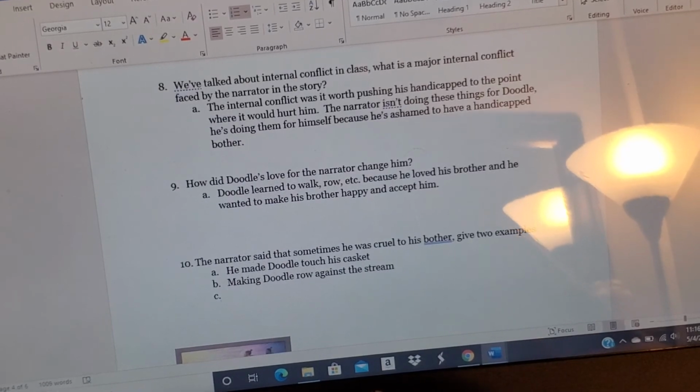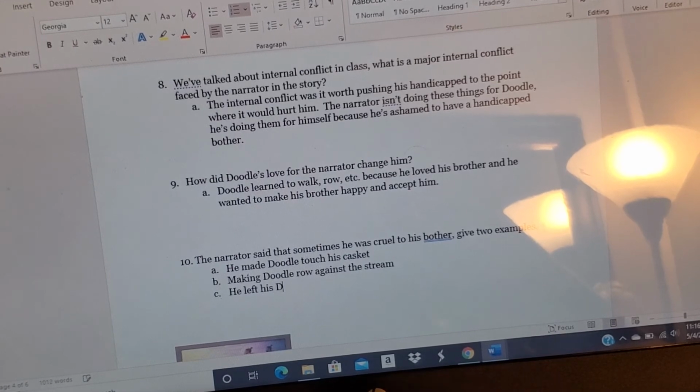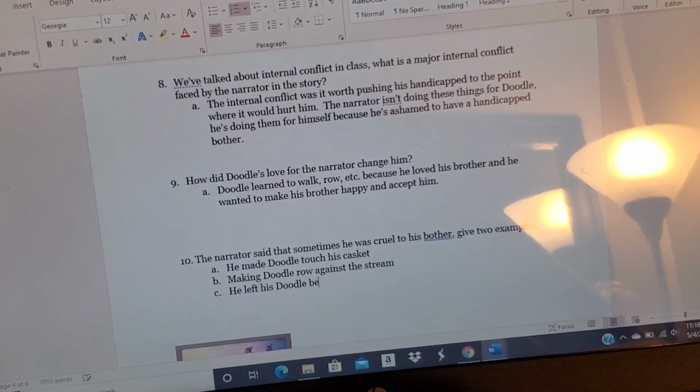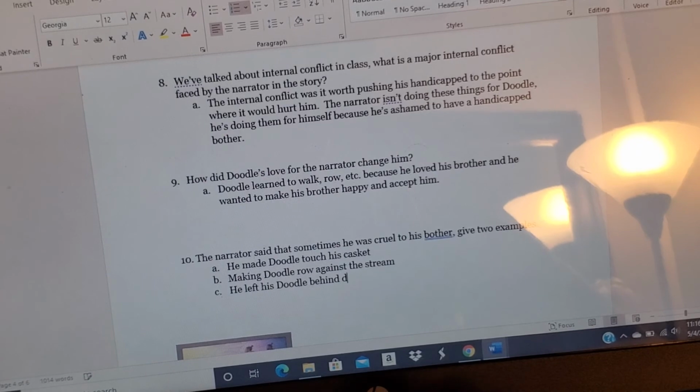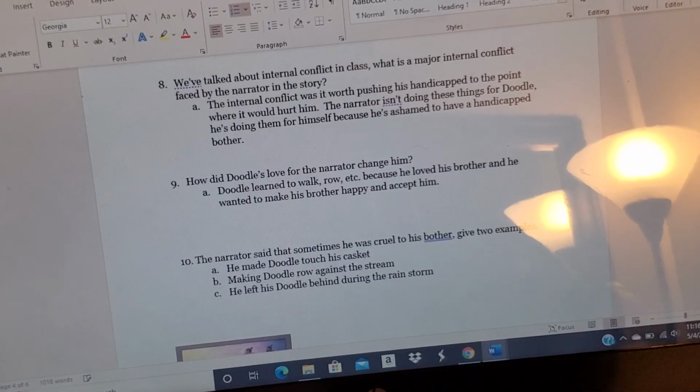And then finally, he left his brother behind. He left Doodle behind during the rainstorm. Okay.